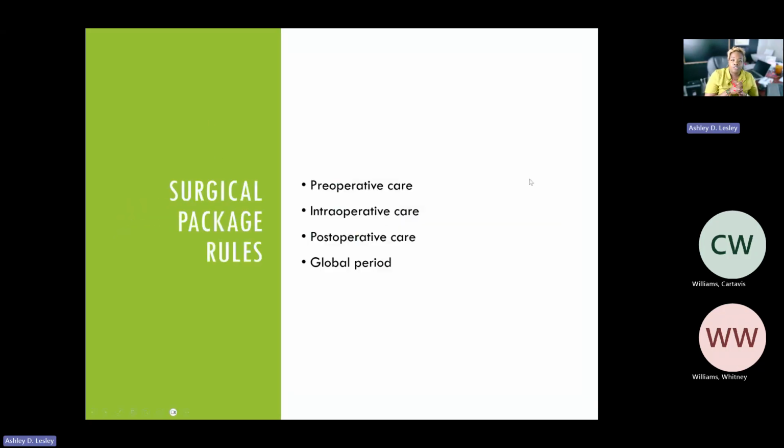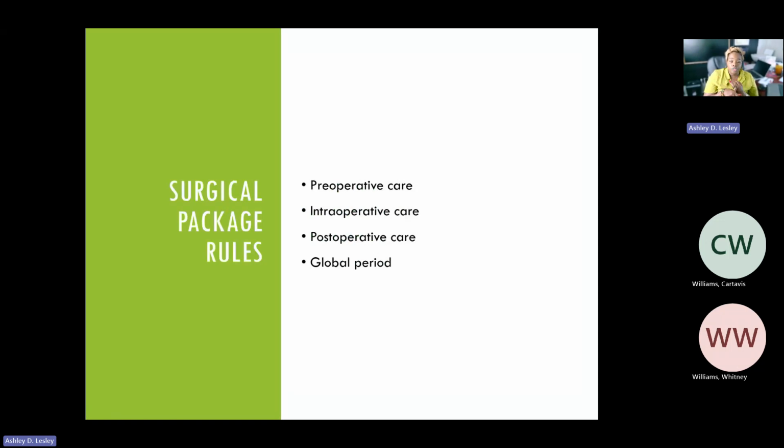All right, so your surgical package is your pre-op, your intra-op, and your post-op, and the global period. So a surgical package is something that is bundled and it includes all of these things.